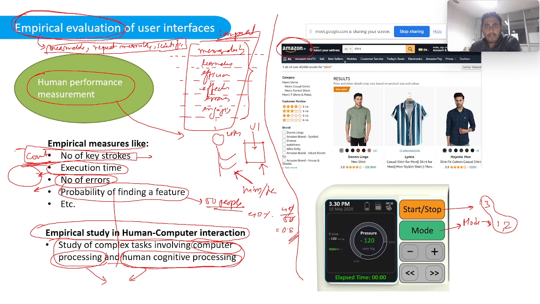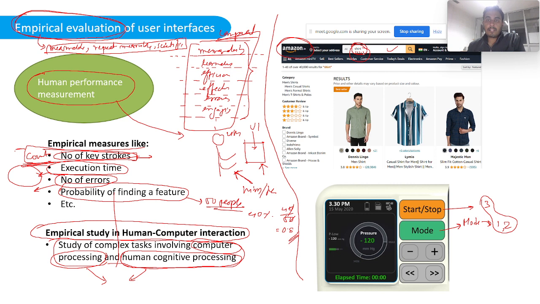Here we can adopt this particular way, like number of keystrokes. For example, first you type here SHIRT. So you want to buy one shirt, and you try to understand how much time one particular person will need in navigating through this interface.